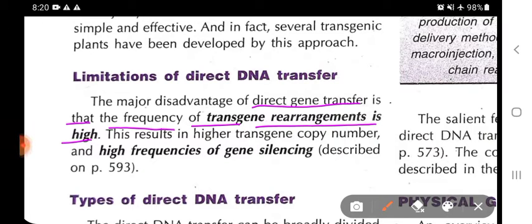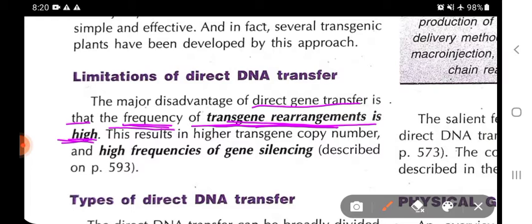As you are introducing more copies of your desired DNA into the host plant cell's genome or into the host animal cell's genome, due to the high introduction of the transgene, the foreign gene, transgene rearrangement can occur, and the frequency of the transgene rearrangement will be high. They have homologous sequences, they will have their rearrangements, and thus it is bad for us.